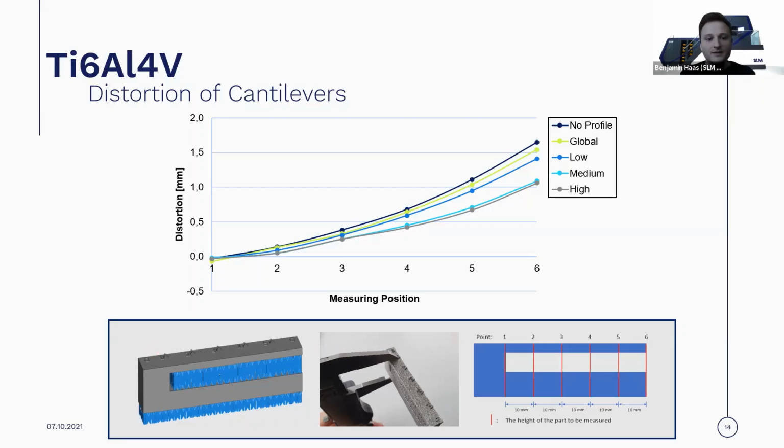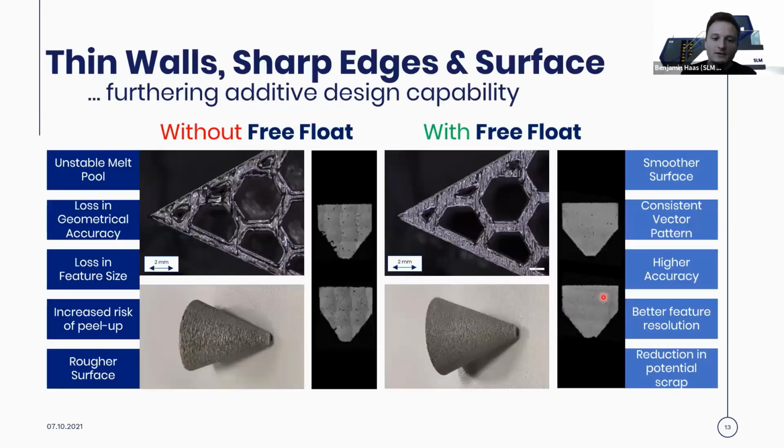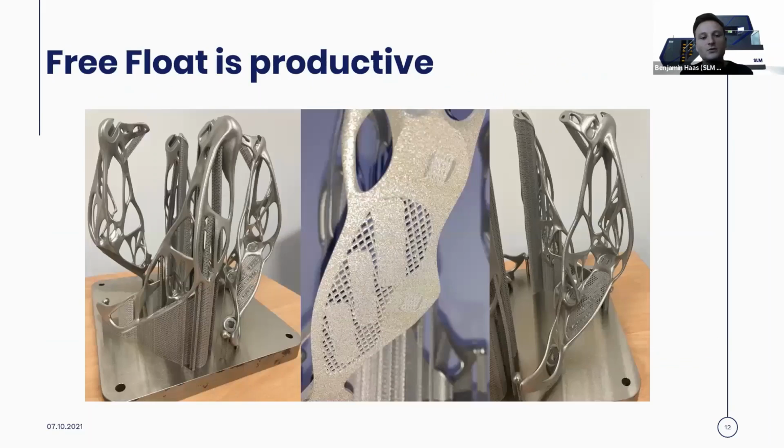To make it visual, those effects here look quite dramatic, but this is rather a low impact in terms of support removal, because this is only applying a little bit more stable melt pool and a little better surface roughness and higher density, but this won't lead to support reduction in the first place. So this is what we would call a low profile, and everything that has to do with actual support reduction then goes into the medium and high profile.